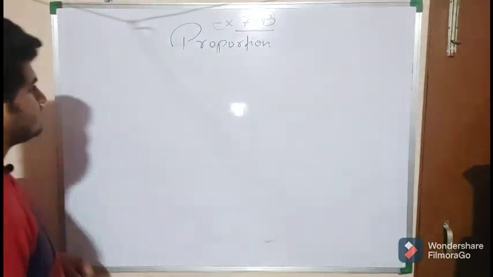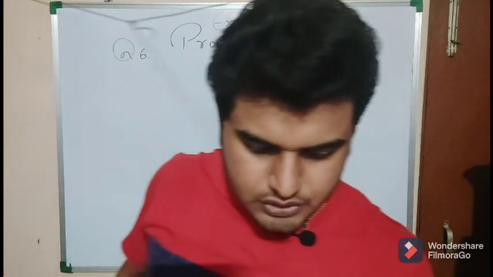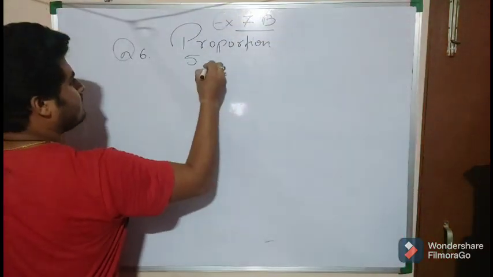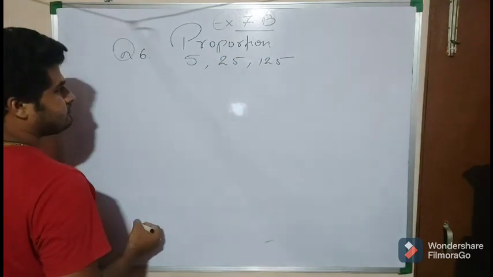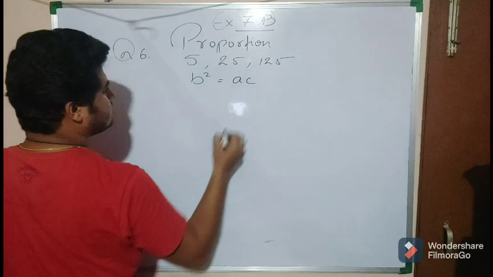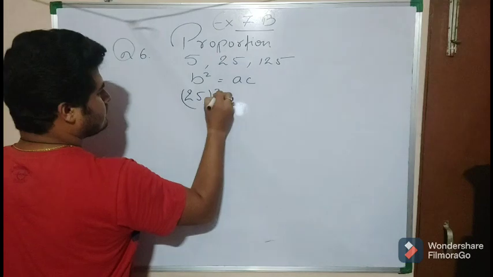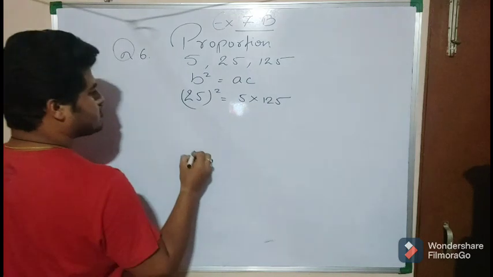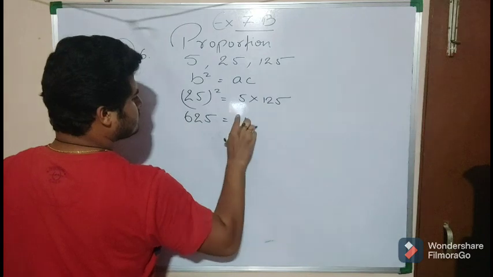Question number 6. Show that 5, 25, 125 are in continued proportion. If B square is equal to AC, then it is in continued proportion, which means that if 25 square is equal to 5 into 125, then it is in continued proportion. 25 square is 625, and 5 into 125 is also 625.